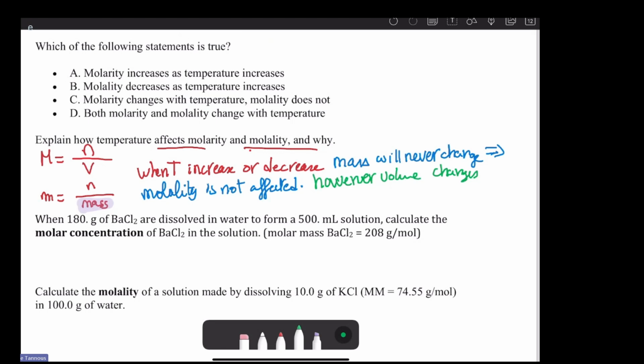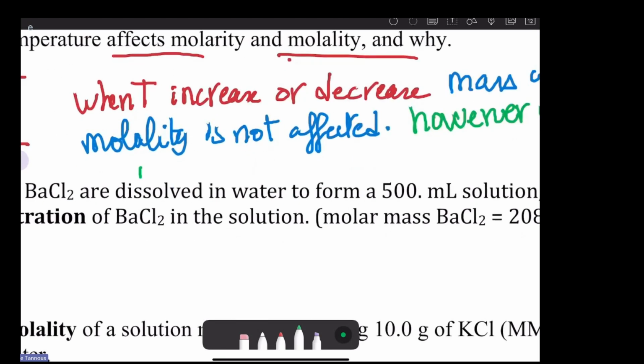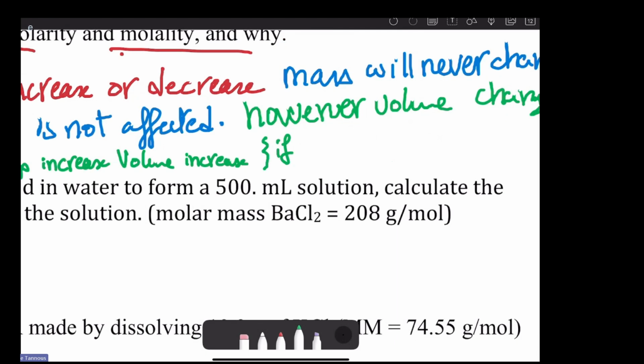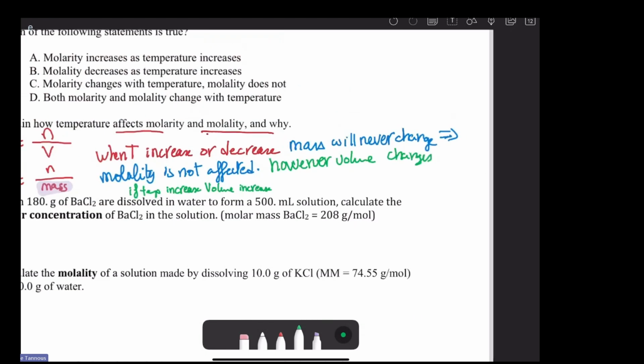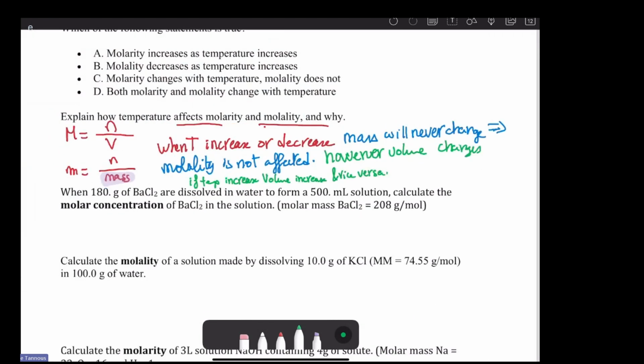That's what we're taking now in our lesson of gases. So if temperature increases, volume increases, and vice versa. Therefore, molarity is affected by temperature change.